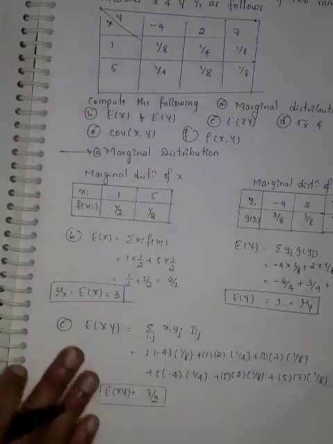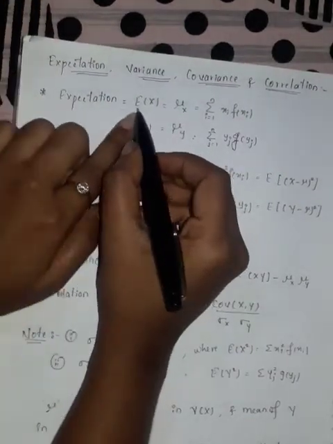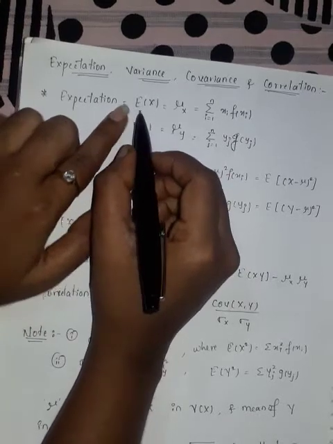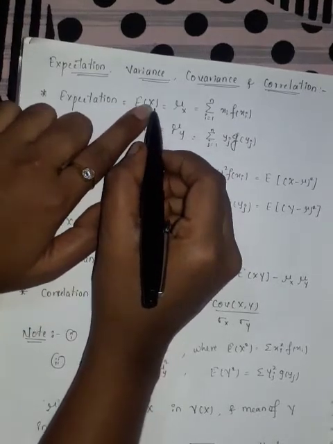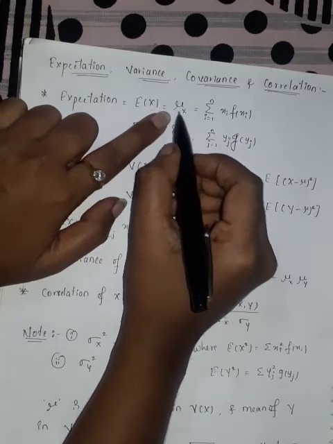So let us see the variance, expectation, covariance and correlation of a joint probability distribution. Expectation of x is written as E of x, that is mu x. Here mu is nothing but the mean.